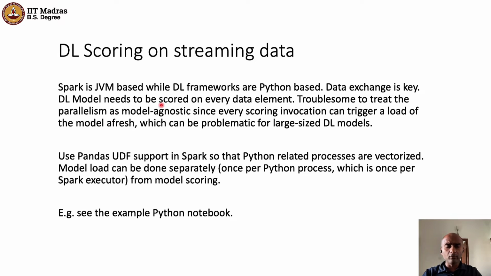So to solve this problem, we will use the same pandas UDF feature, vectorize the data, and send it across to the Python process, and in doing so, make the Python process load the model once at the beginning of the setup of the process, so that every invocation that happens on a regular basis, as part of every single record in the streaming, uses the model that's already loaded in memory, right?